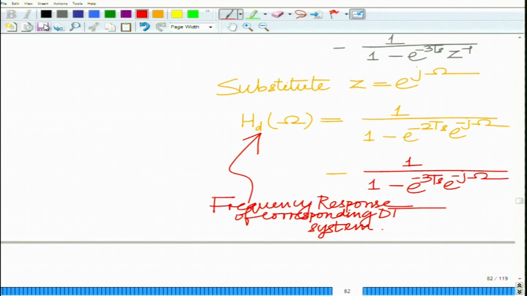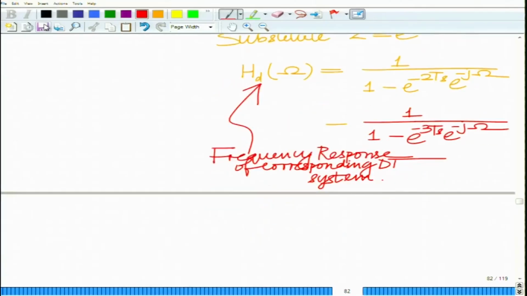Okay, all right. So, that basically completes this problem where we are sampling with sampling duration Ts or sampling frequency 1 over Ts, and we are finding the corresponding DTFT or the frequency response of the discrete time system. Okay. Let us look at the next problem.